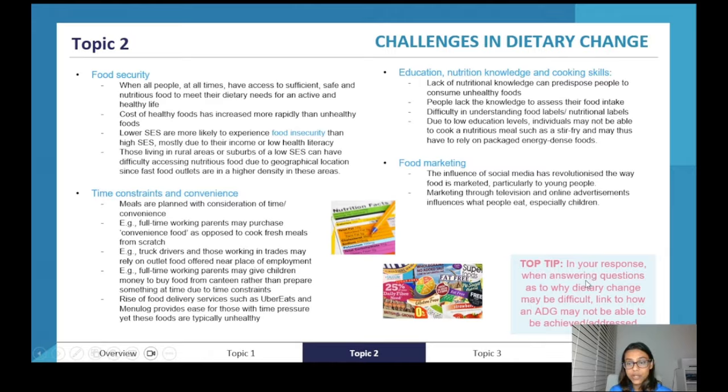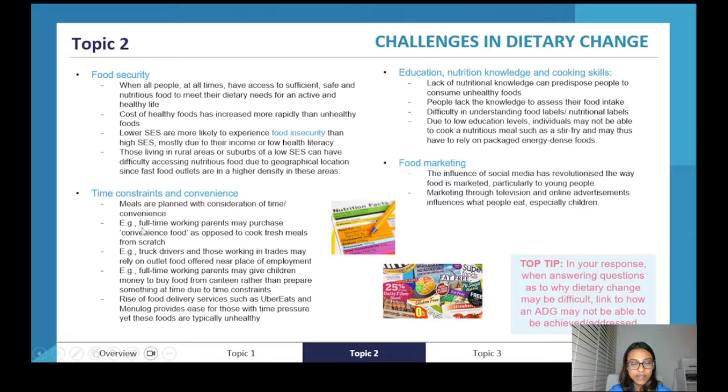So top tip in your response, hopefully you can read this in your slides: when answering questions as to why dietary change may be difficult, link to how an ADG, an Australian dietary guideline, may not be able to be achieved or addressed.